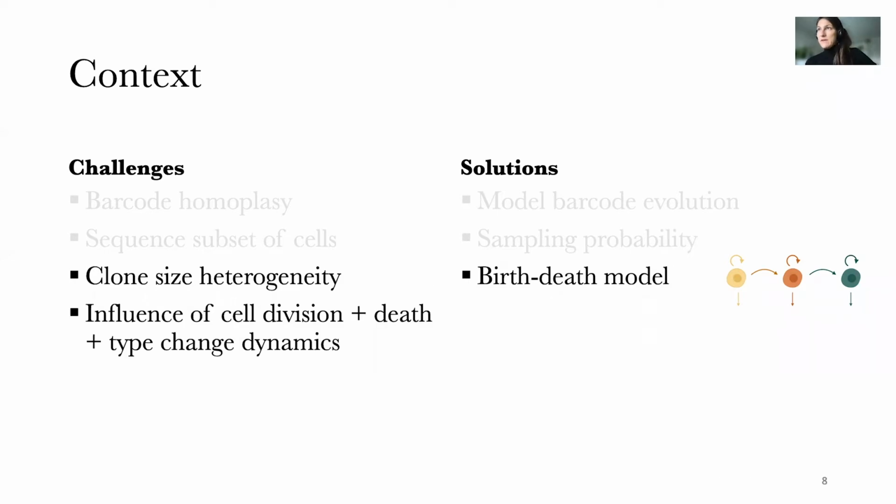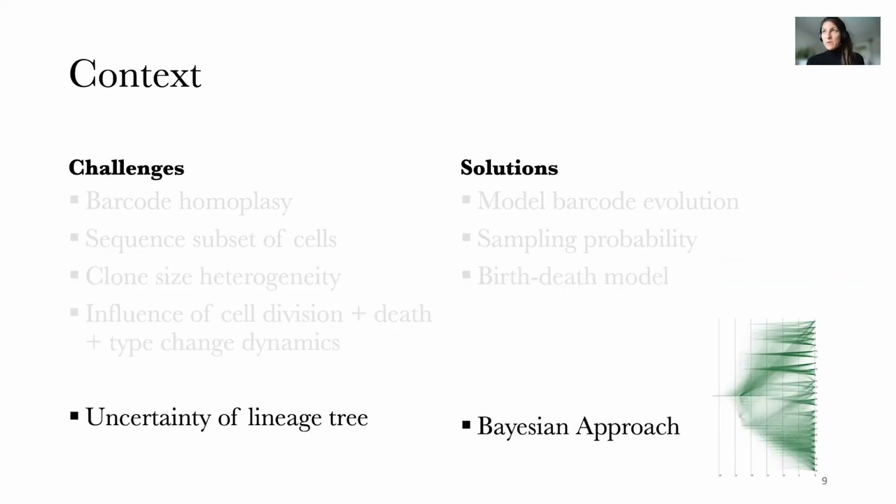Another challenge is that the distribution of cell types at a particular time point is not only the outcome of the cell type change dynamic, it's also the outcome of the cell division and death dynamics. And so by using this multi-type birth death model, we can account for this. Finally, when we reconstruct a lineage tree from lineage tracing data, there are usually multiple trees that can explain the data well. And so in our Bayesian approach, we can account for this uncertainty.